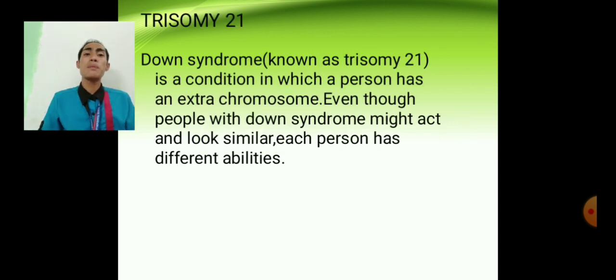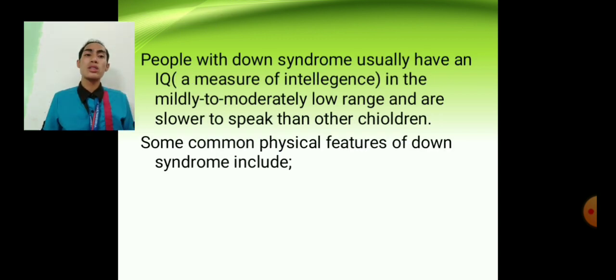And now let's talk about trisomy 21. Down syndrome, known as trisomy 21, is a condition in which a person has an extra chromosome. Even though people with Down syndrome might act and look similar, each person has different abilities. People with Down syndrome usually have an IQ, a measure of intelligence, in the mildly to moderately low range and are slower to speak than other children.